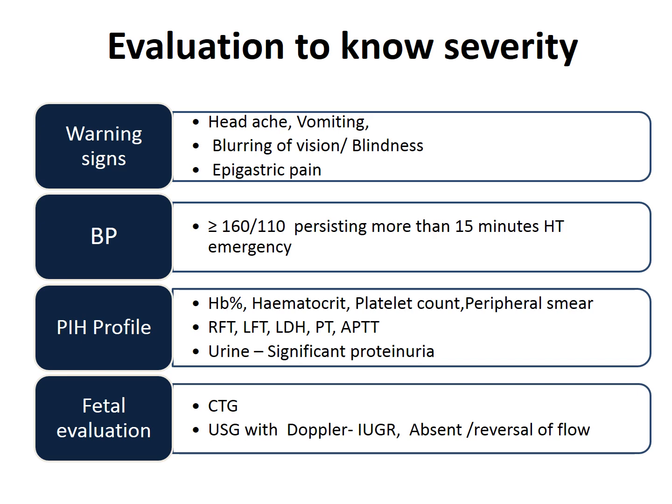A fetal evaluation should be done using a CTG, see whether the NST is reactive or not, and an ultrasound with Doppler to diagnose IUGR, and especially Doppler to see whether there is any absent or reversal of flow.